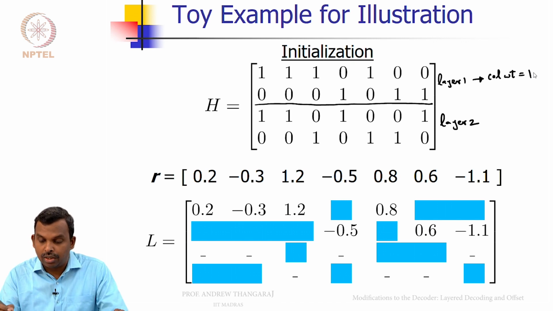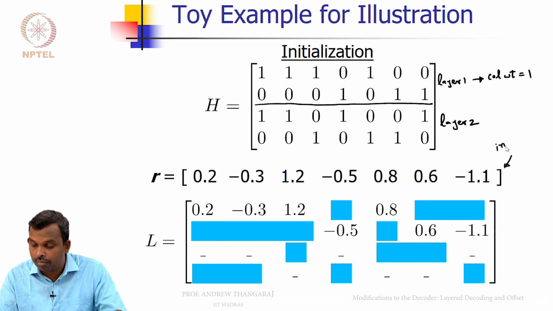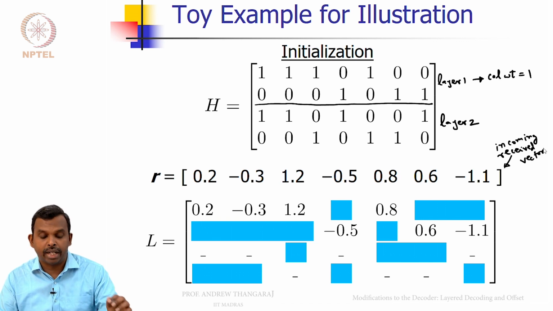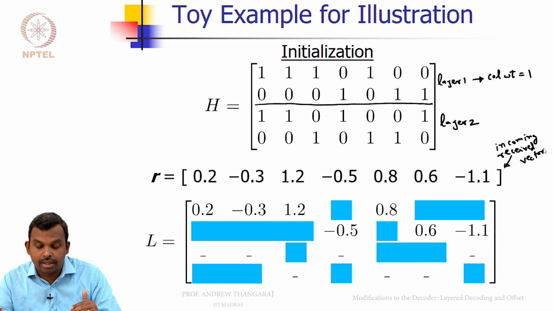Okay, all right. So this is the parity check matrix. This is the received vector. Okay, R is the incoming received vector. Okay, so one easy way to think of layer decoding is you start with this received vector and start going down the parity check matrix row by row. Okay, as you process each row, you keep updating this received vector.